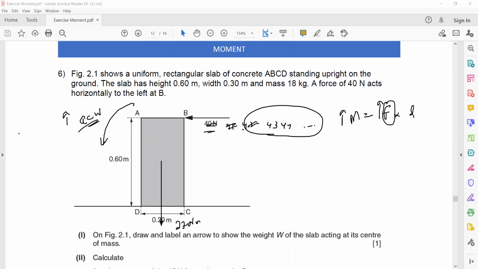The slab will topple. Is this part clear, what happened when we gradually or slowly increase the force? The anti-clockwise moment due to the horizontal force will increase, and it will topple.